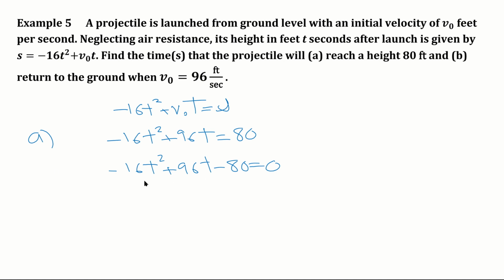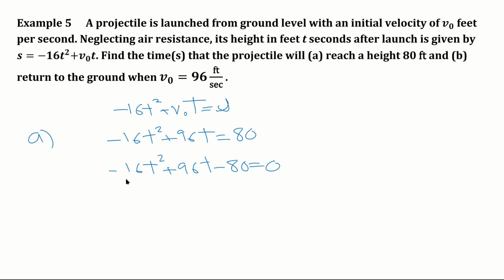Now, I do believe all of these are divisible by 16, in fact, okay? So 96 is 16 times 6, and 80 is 16 times 5. And as you work with numbers a lot, and I guess you have no life, then you tend to remember these things.